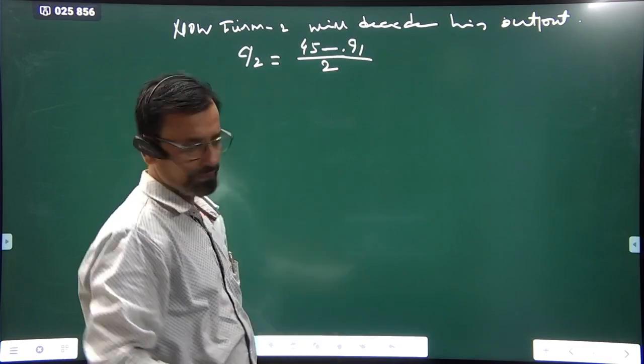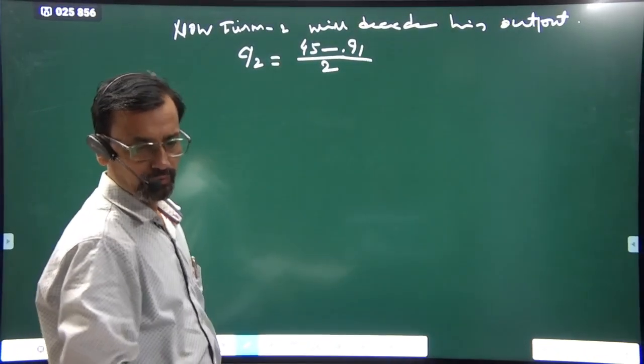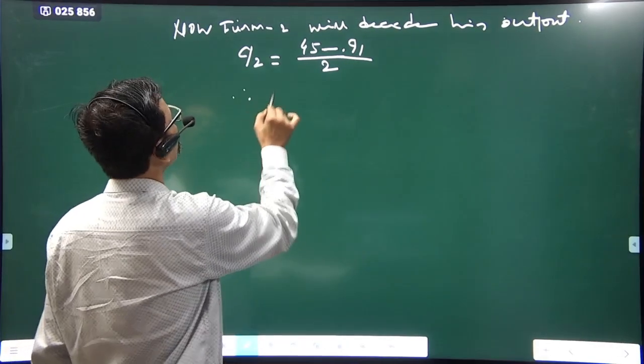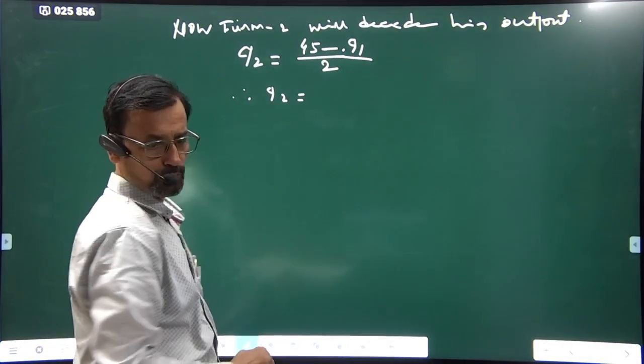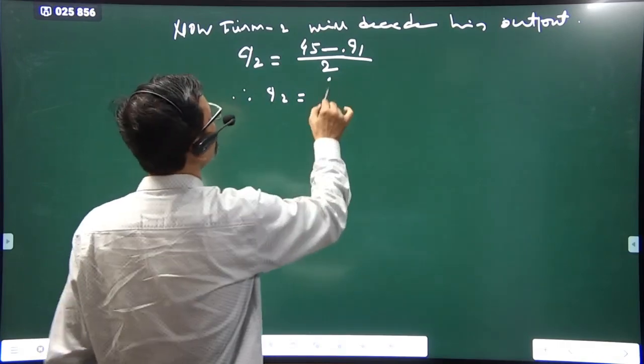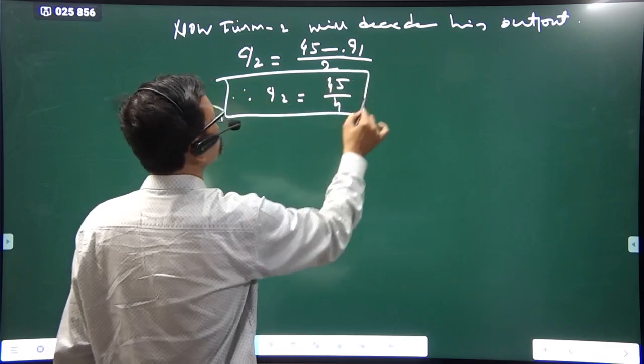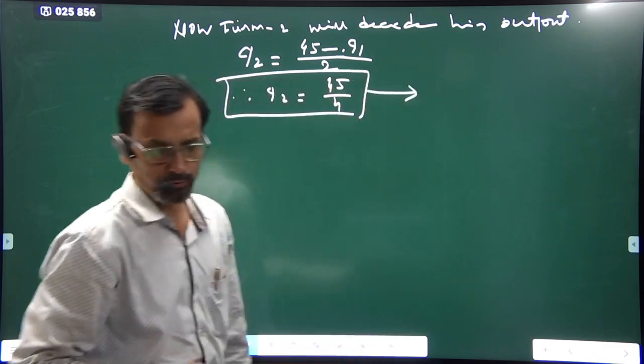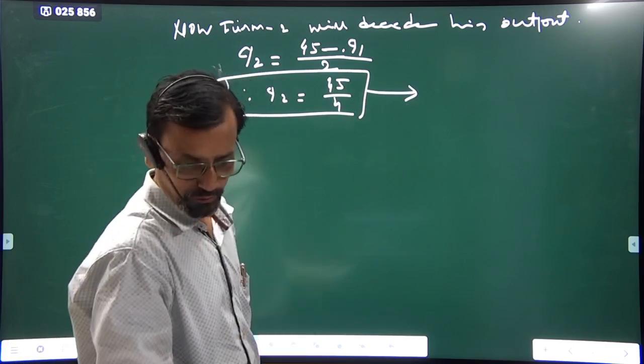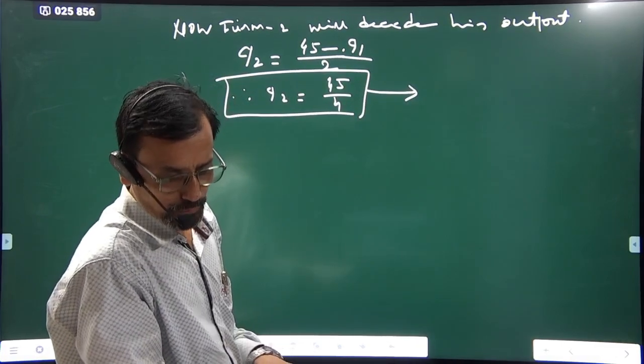Now, by putting the value of Q1, we will get the value of Q2 equal to 45 by 4. This is the output of firm 2.